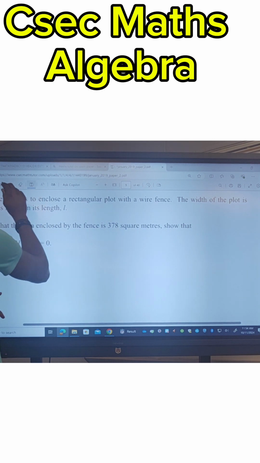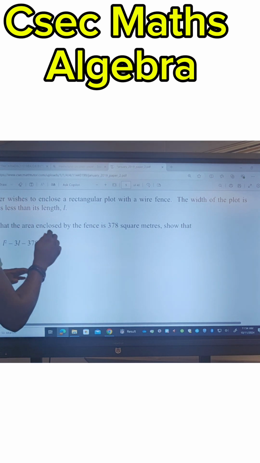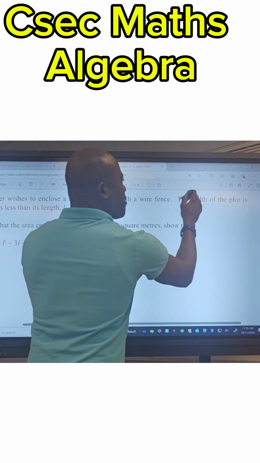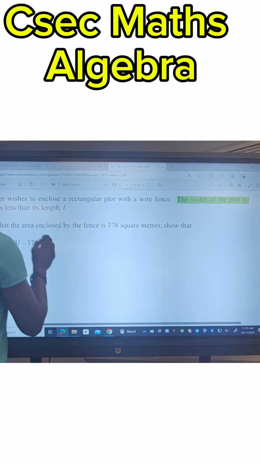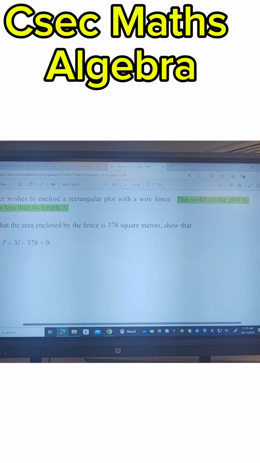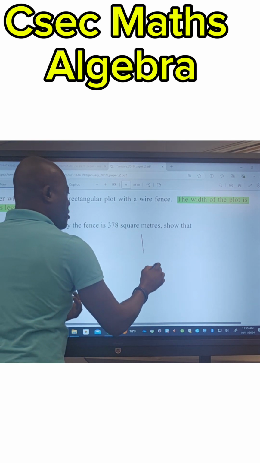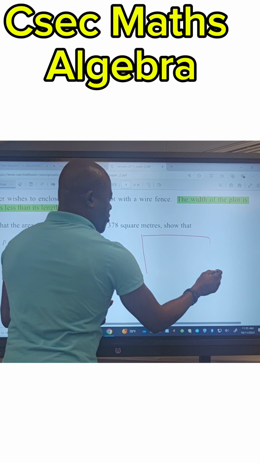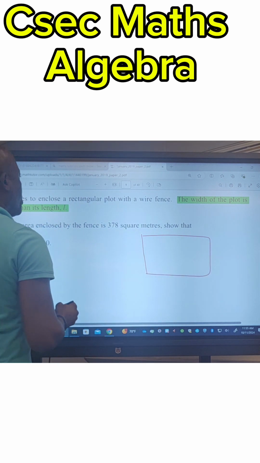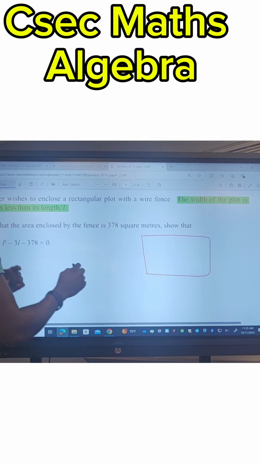The information says that the width is 3 centimeters less than its length. So let us say I have a rectangular plot here. L is its length.